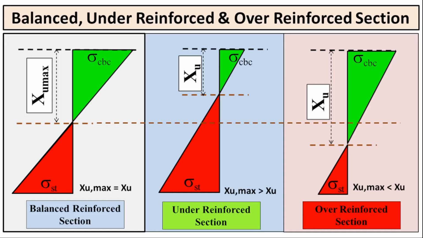We categorize beams into three main types based on the amount of steel used: balanced sections, under-reinforced sections, and over-reinforced sections. While creating a perfectly balanced section is theoretically possible, practical designs focus on under-reinforced sections to ensure safety and ductility. Next, balanced reinforced section.